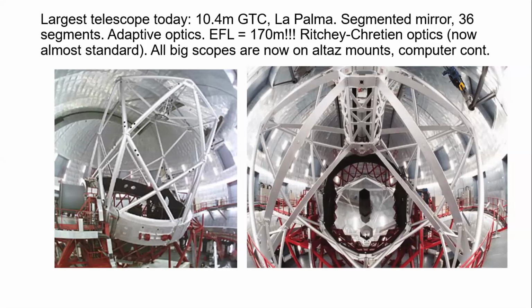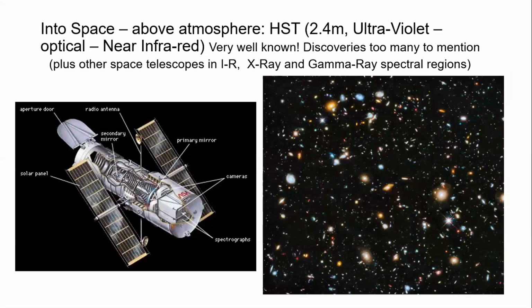And that's really the way things go now for any telescope that's bigger than about maybe 4 or 5 meters. That is the single biggest one in the world. There are a couple of others that are almost as big, but that is the record holder.